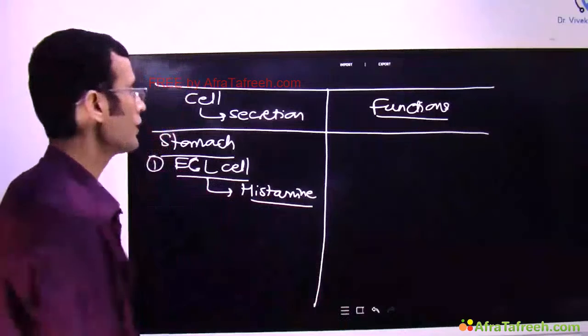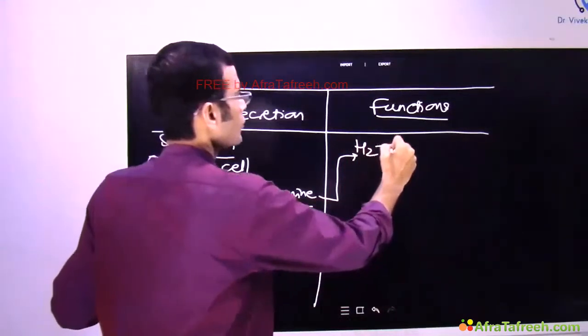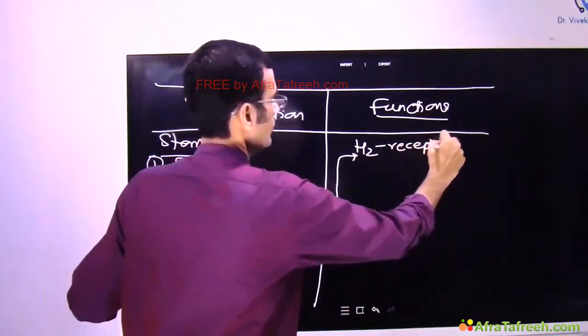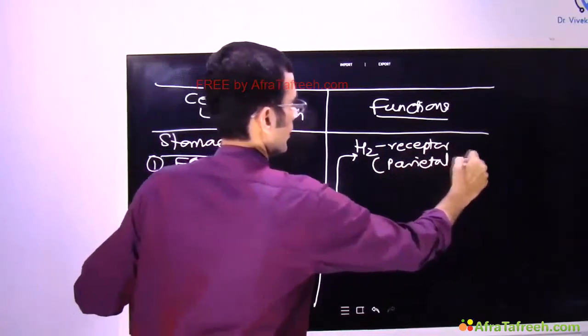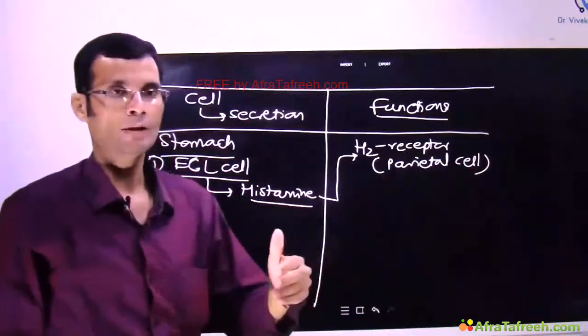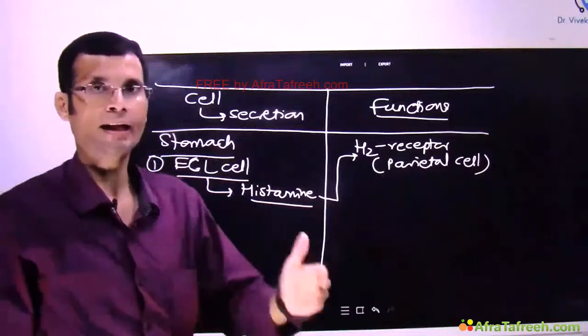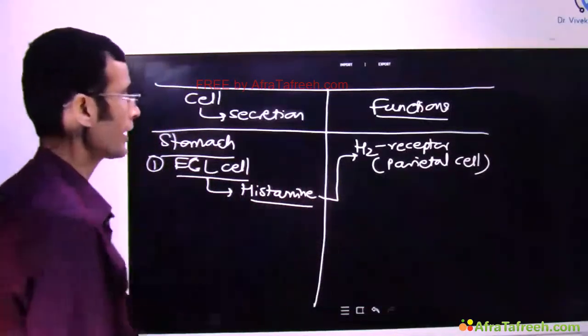What is the function of histamine? Histamine acts via H2 receptor on the parietal cell. It's a neighboring cell. So it's a paracrine effect. Histamine acting on the neighboring cell, it's a paracrine effect.